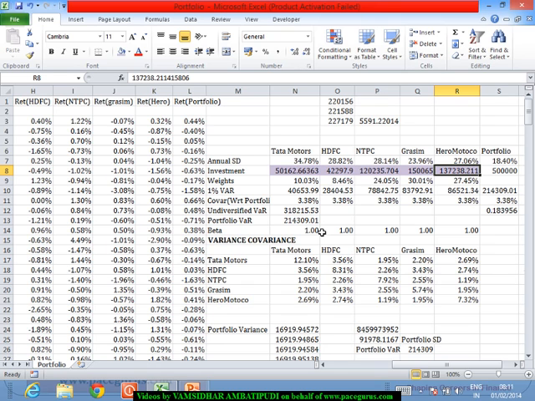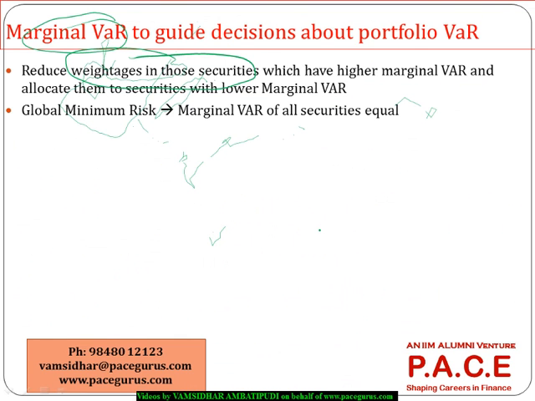So that is how we can use tools like Solver to really take portfolio investment decisions by creating a global minimum risk kind of an investment scenario also. So that is where we can take the help of marginal VARs to make our investment decision.